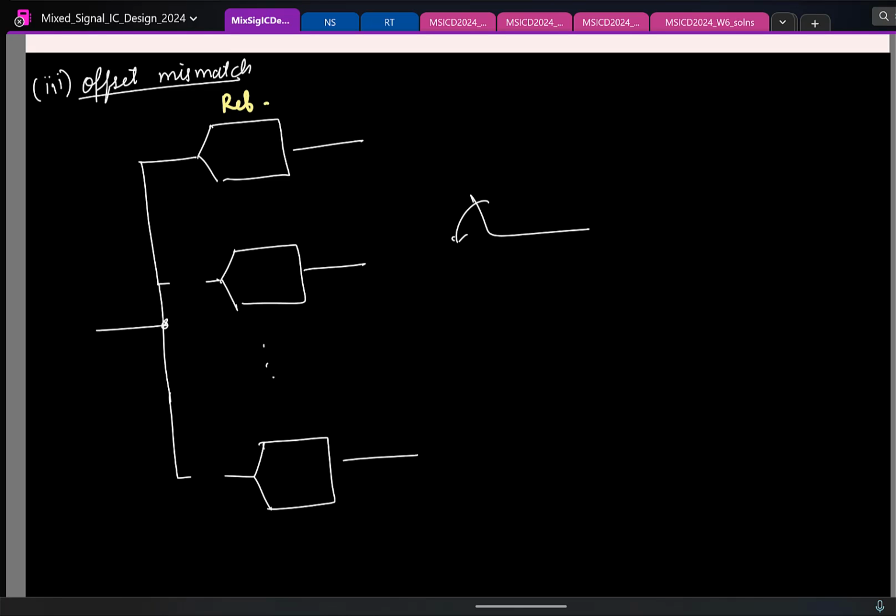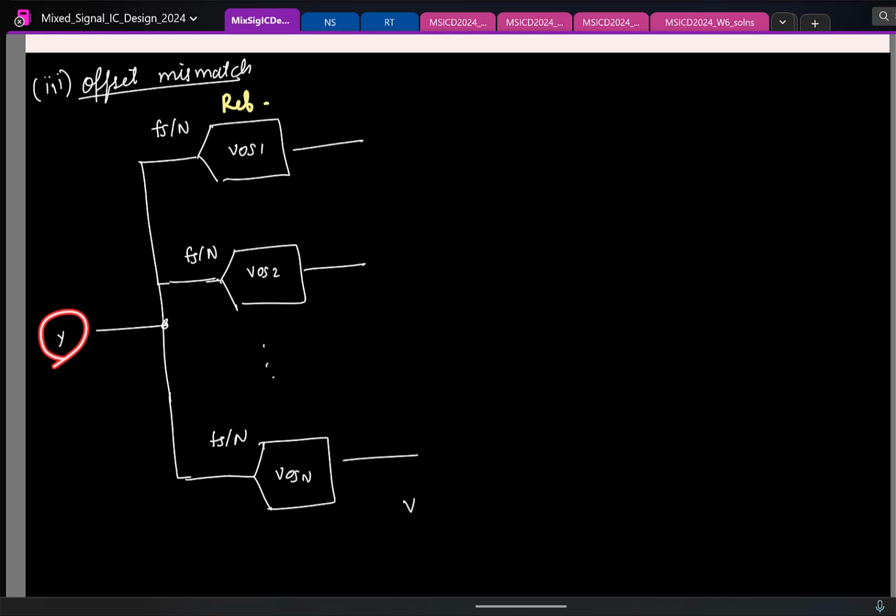Let us say the first ADC has an offset VOS1, the second has an offset VOS2. So first let's see what happens if there is a mismatch in the offsets. Okay, this is Y, the output is V, and each ADC is running at Fs by N. So ideally what should be the outputs I get here?